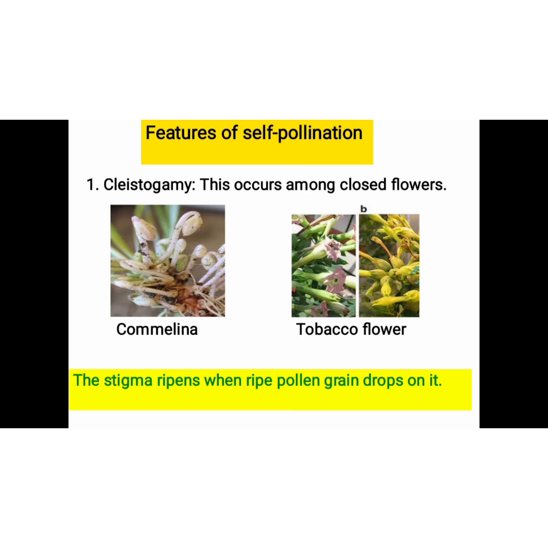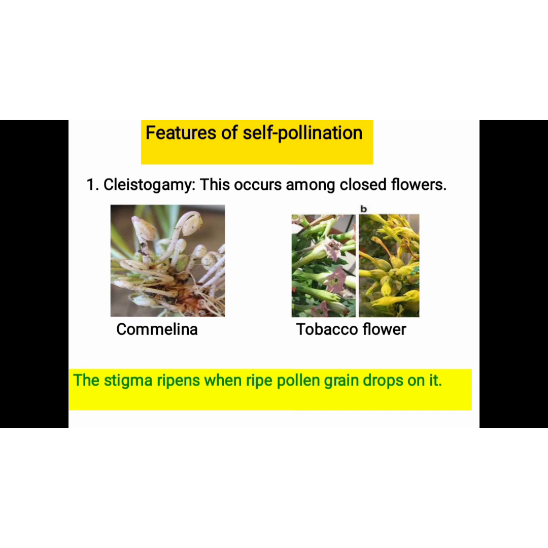Now let's talk about features of pollination. Number 1 feature is called cleistogamy. Cleistogamy is a concept which occurs among closed flowers, and closed flowers are also referred to as cleistogamous flowers.